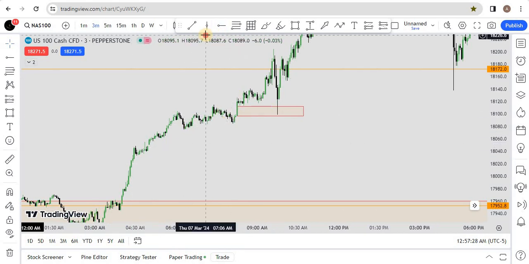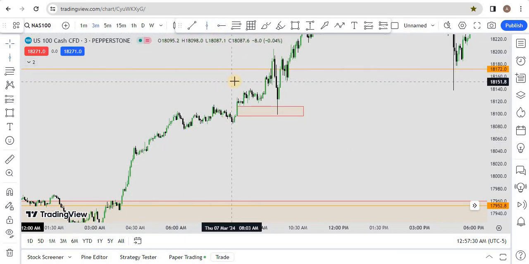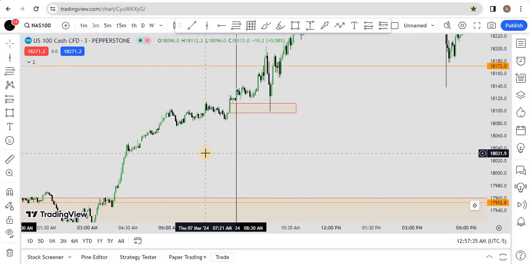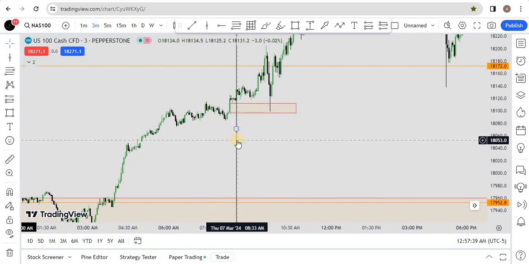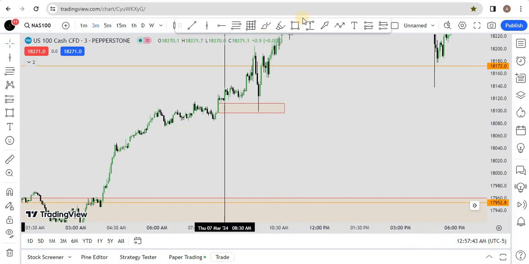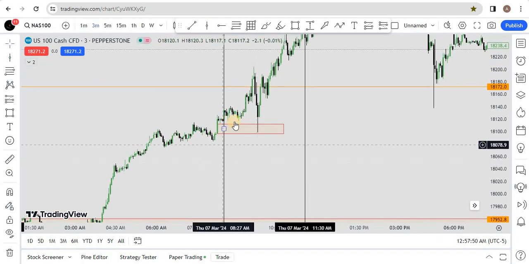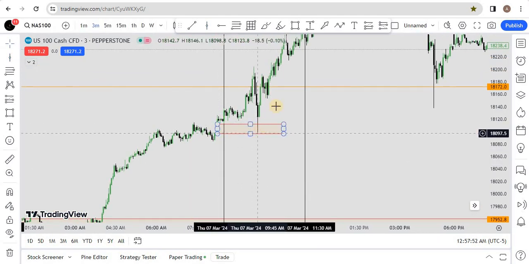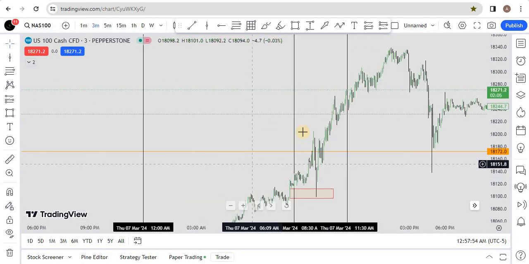No, then you have to wait for 8:30. One thing you have to remember, the market structure shift can happen before 8:30, but your entry should be between 8:30 to 11:30. Like here, we have a fair value gap, price came and gave you the target.